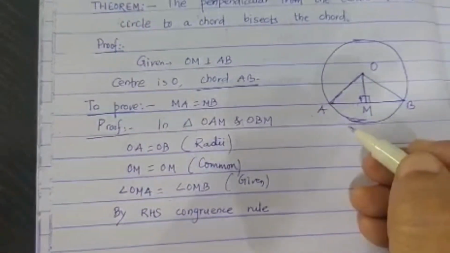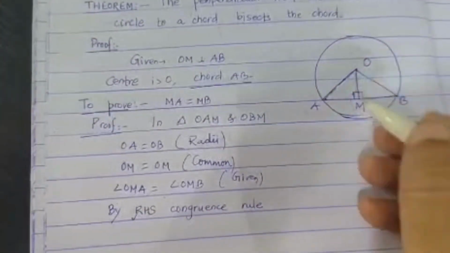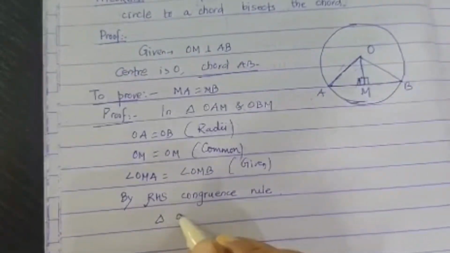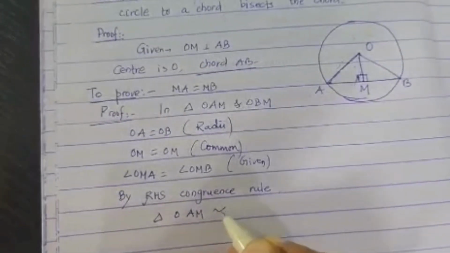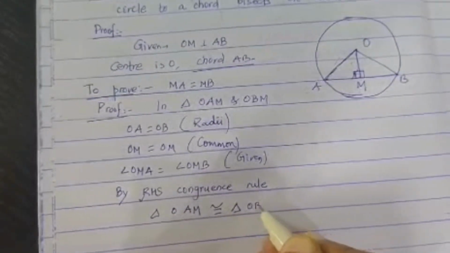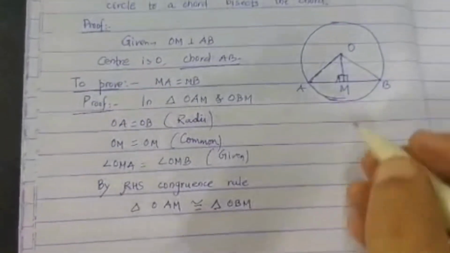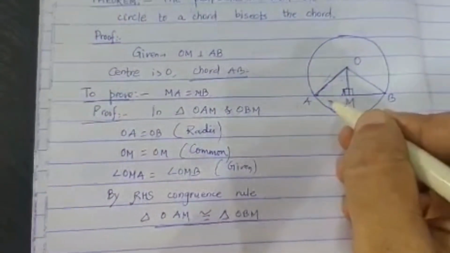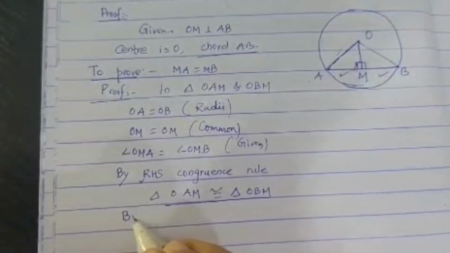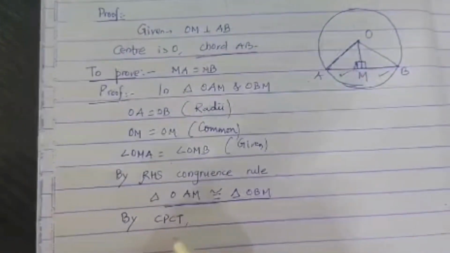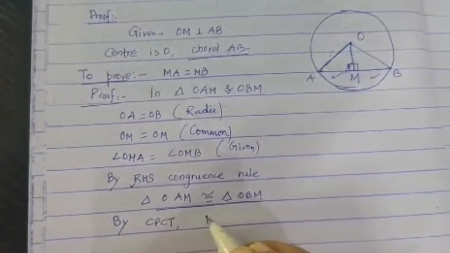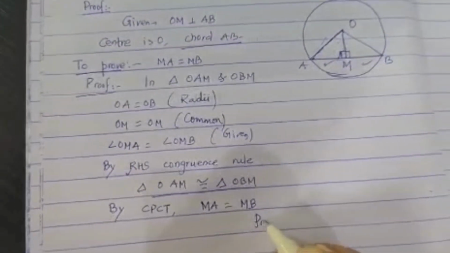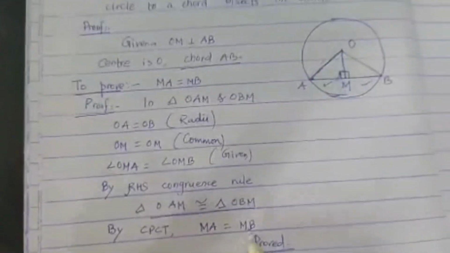That is right angle, hypotenuse and side. We can say that triangle OAM is congruent to triangle OBM. Now having said this, by CPCT we can say that MA or AM is equal to MB or BM, and this is what we have to prove.